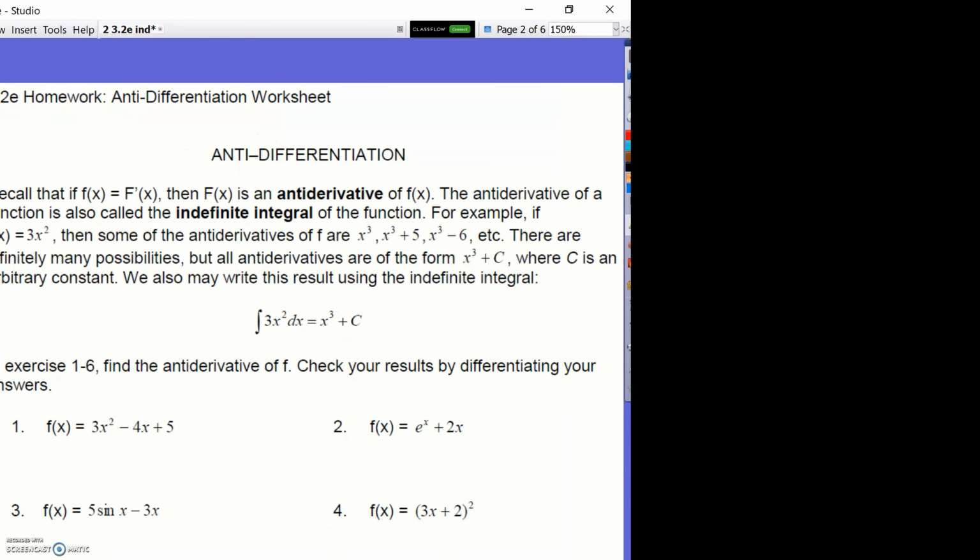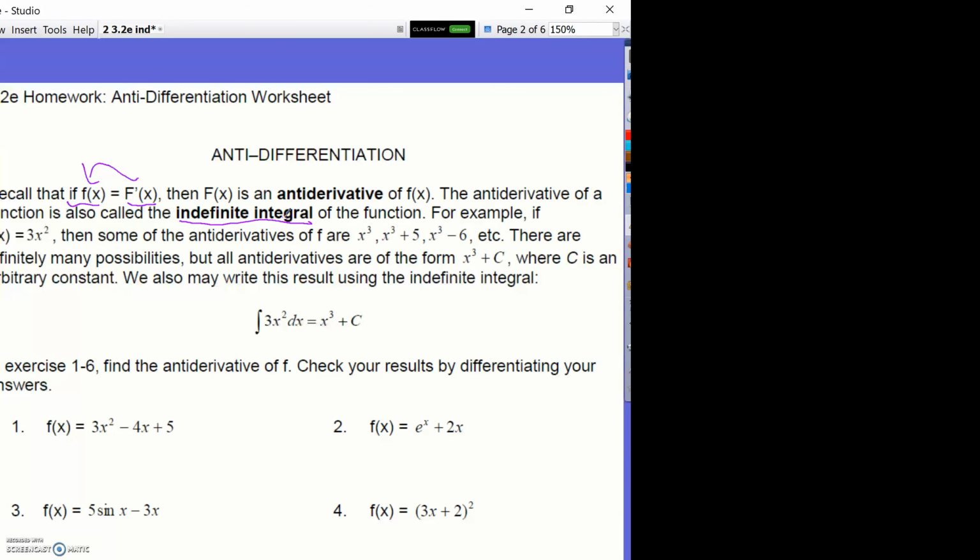Okay, when we started studying antidifferentiation, we recall that when I am given a function, small f of x, there is some original function, capital F of x, that shows that it is the derivative of the function given. So when I've got my antiderivative, an interchangeable word is indefinite integral.